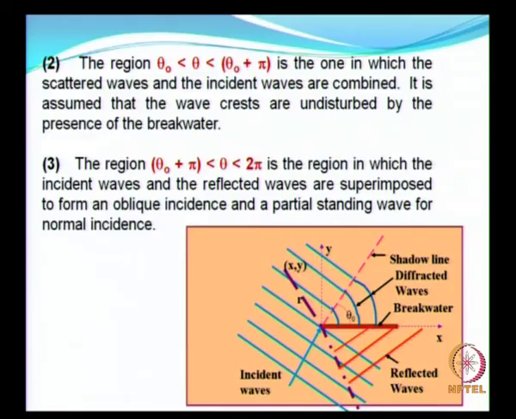In the same condition, if this structure is in a varying water depth, then in this area the wave fronts will not be of the same magnitude, the speed or the wavelength, everything will be changing, the wave characteristics will be changing.